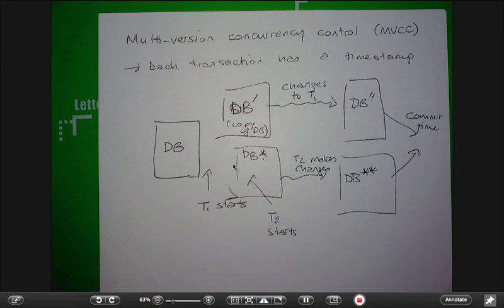I'm going to abort. So in multi-version control, you allow multiple transactions to go at the same time. At commit time, you either commit those changes, and that version becomes the last version, or you abort the transaction altogether. You proceed under the assumption that everything is good until something bad happens.